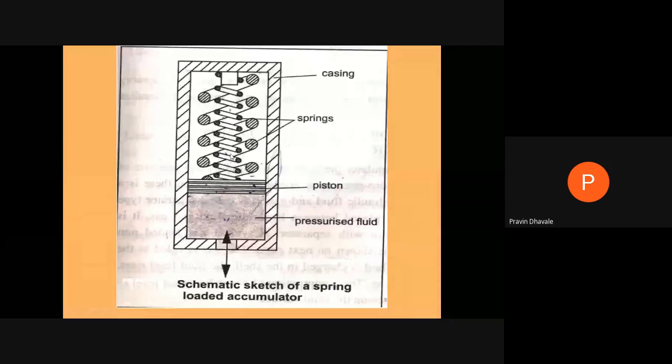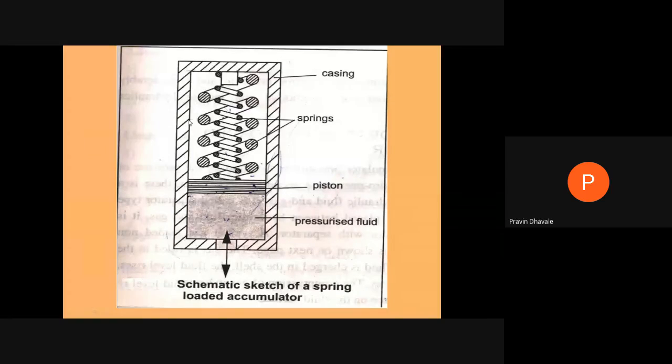But when we are supplying this pressurized fluid to the actuator, what happens at that time? The level of the fluid will be lowering. At that time, the pressure from the spring also goes on decreasing gradually.